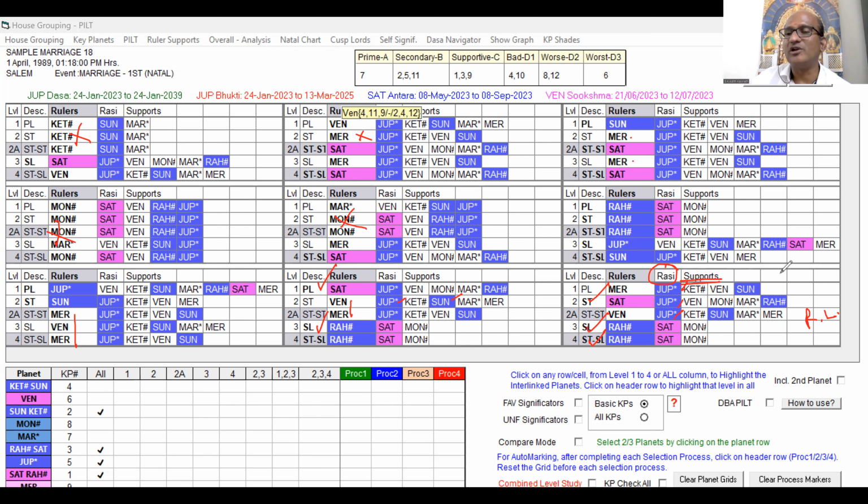Conjunction, aspect, all the planets associated with these planets are named here. So we can also identify which planets are in supports. If you keep the cursor over a planet, you can see its significations also shown within brackets. You can easily identify. This is called the quilt table.